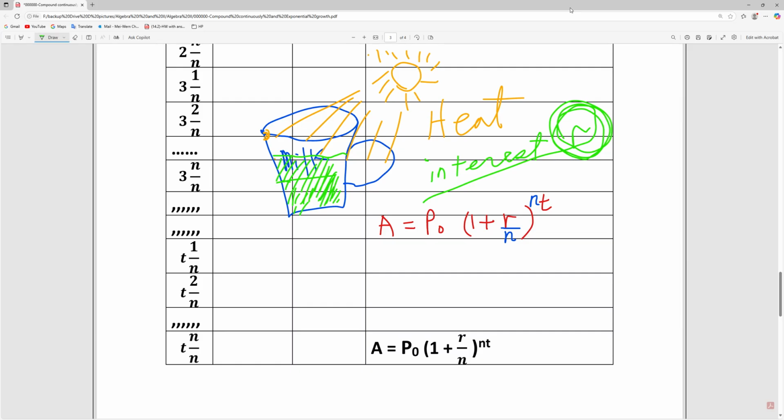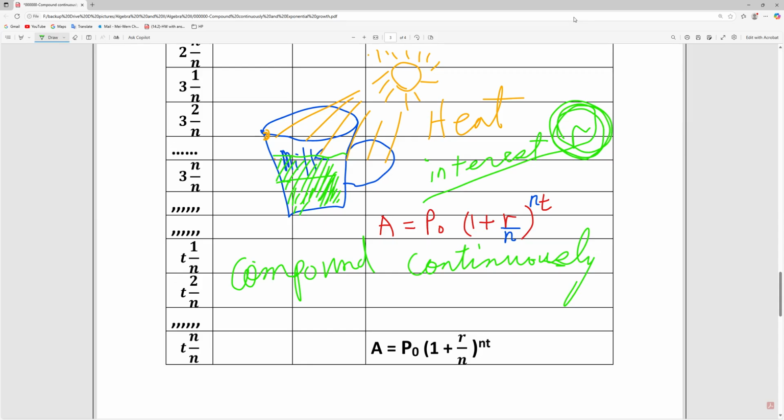No such thing, right? In nature, the bacteria growth will be continuous. So we are talking about compound continuous. So compound continuously makes more sense when the bacteria keep going on growing.